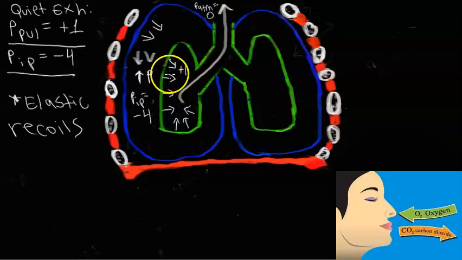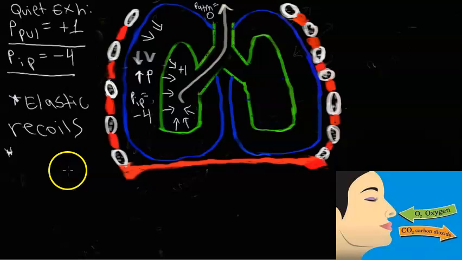So this will also cause a collapsing force here to decrease the space inside of the lungs. So in addition to the intrapleural space becoming more positive, pushing on the lungs, also the lungs want to naturally collapse due to the elastic recoil. This is a passive process because it requires no energy.